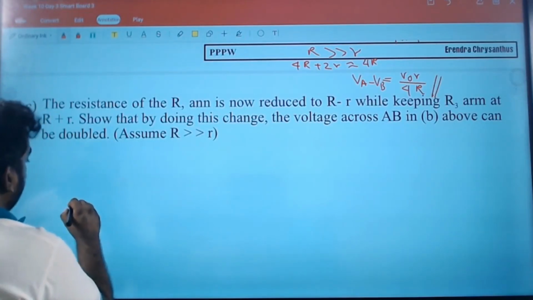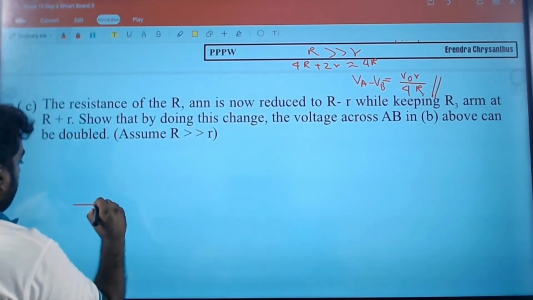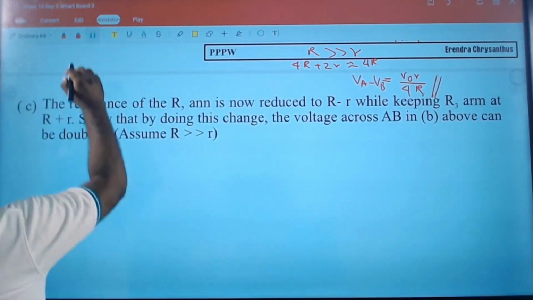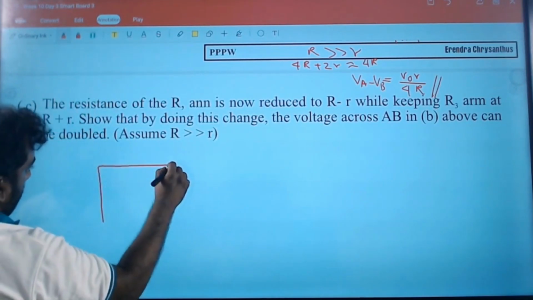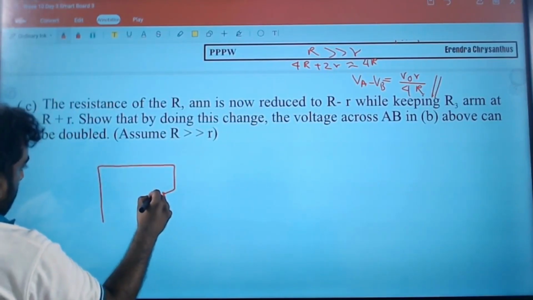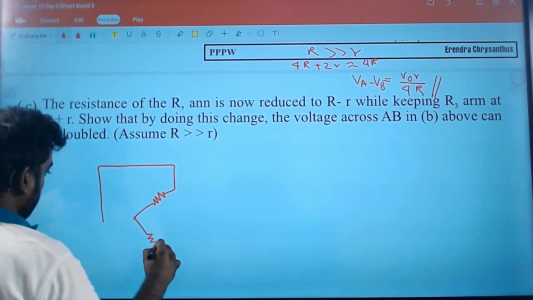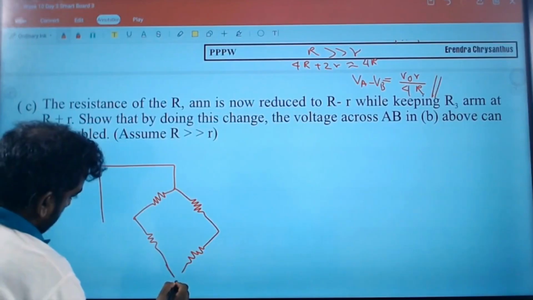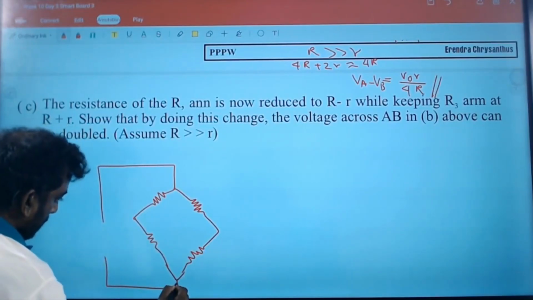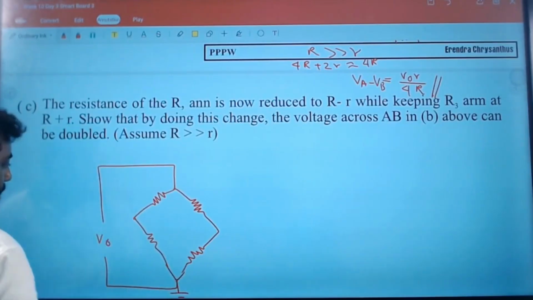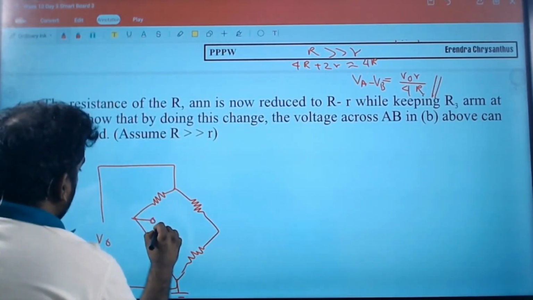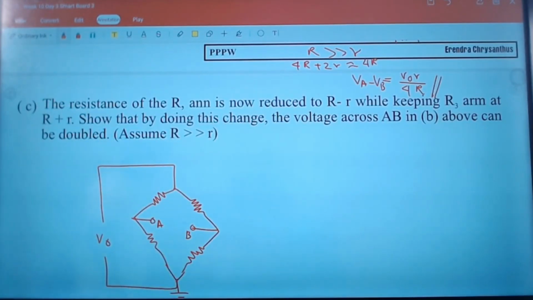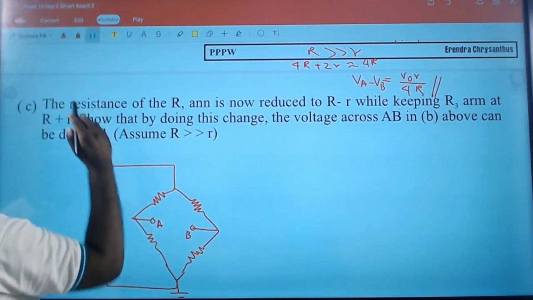So now what? I count this easier. Terminal A, or it should be opposite, I think. Yes. Terminal A and B should be opposite.